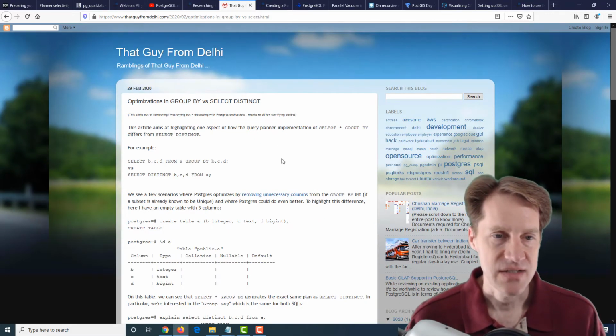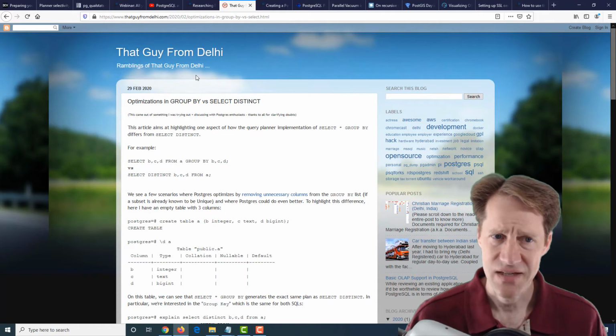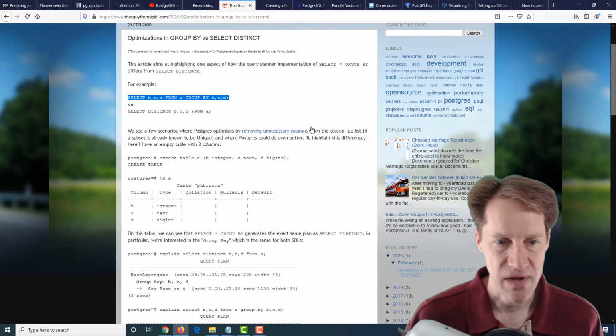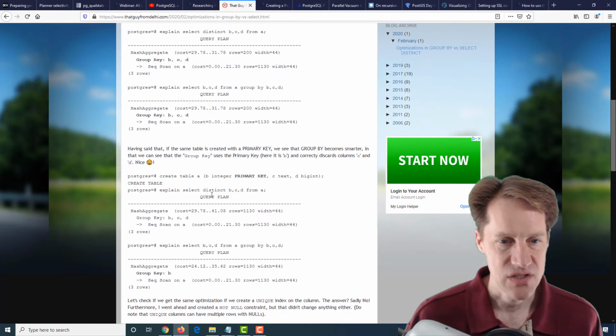The next piece of content is Optimizations in Group By and Select Distinct. This is from that guy from Delhi.com. And he's talking about differences in performance when doing a select distinct of a certain number of columns from a table, versus doing a group by. Sometimes group by can give you better performance, and it has some specific optimizations that if there is a column present, it only uses that column for the group key.